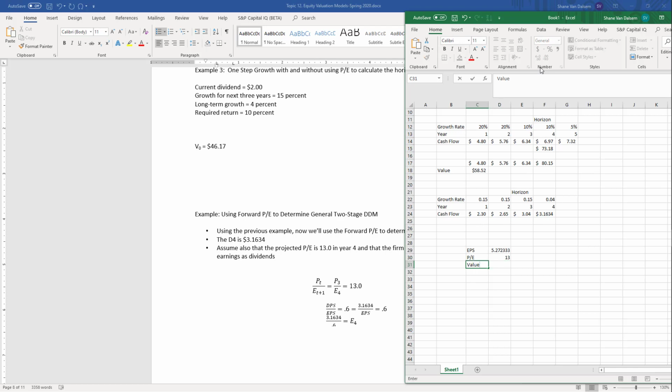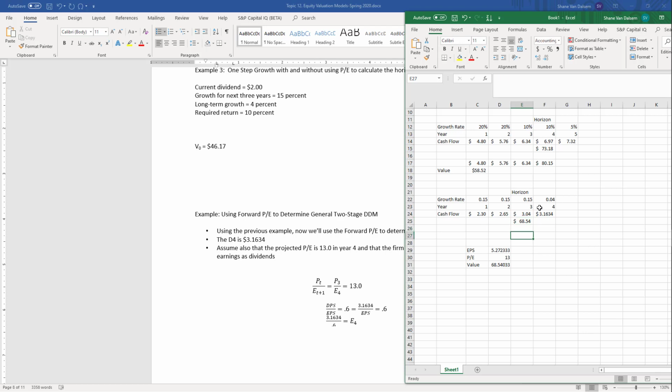So I'm going to put value, and this is the value at time 3, is equal to those two multiplied by each other, or $68.54. Alright, and so now I've got my expected value of the stock at time 3, my horizon value, and I hope that made sense. We found the earnings per share at time 4 using the payout ratio, dividends divided by earnings of 0.6, and then we used the price to earnings ratio of 13 multiplied by those earnings per share to get the estimated price of the stock at time 3.